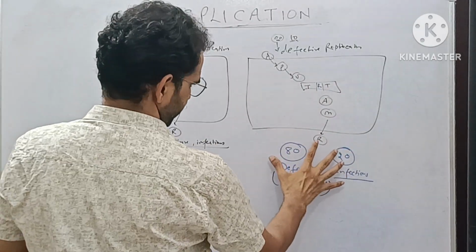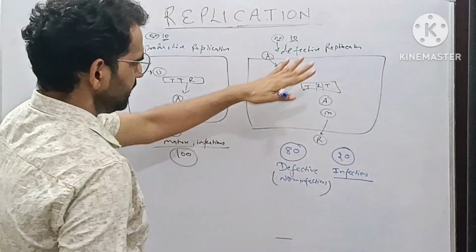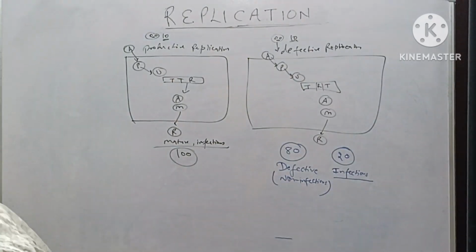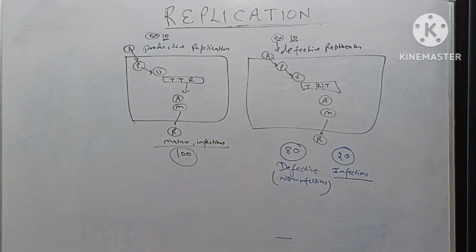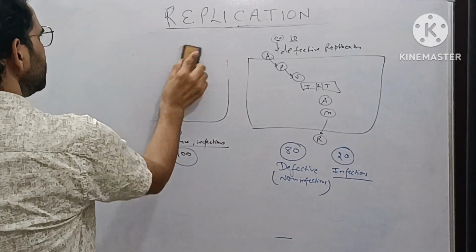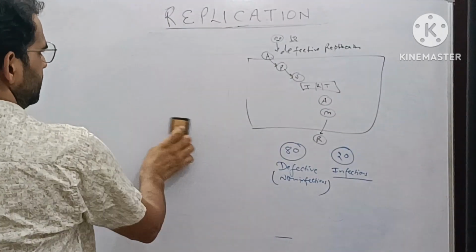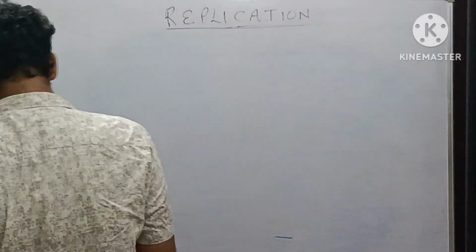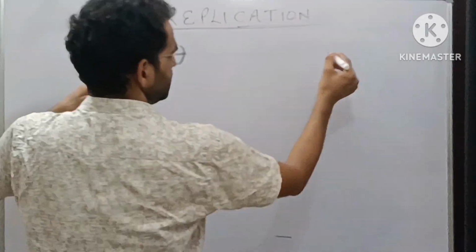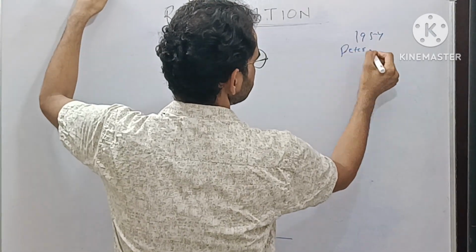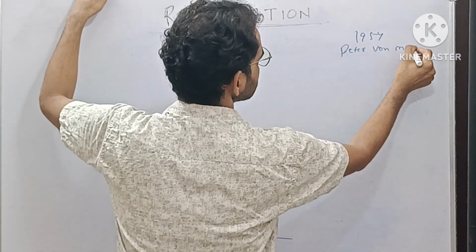How this defective process takes place, we'll discuss with one example. In 1954, there was a scientist, Peter von Magnus.